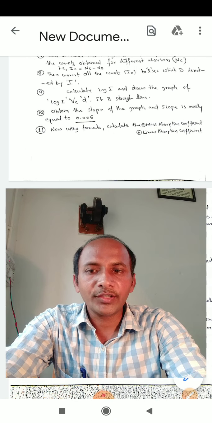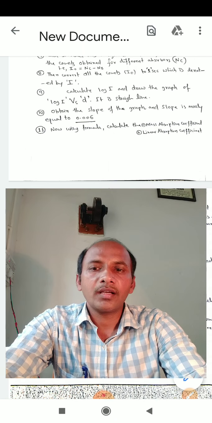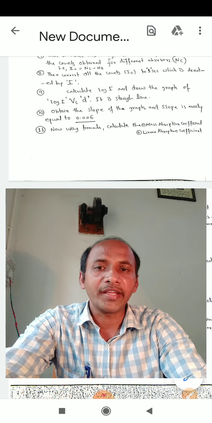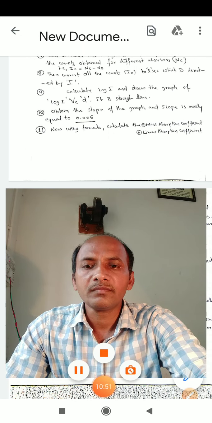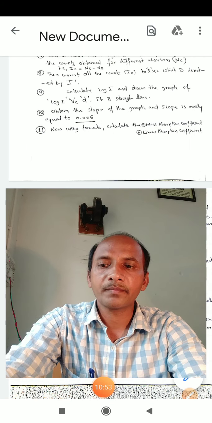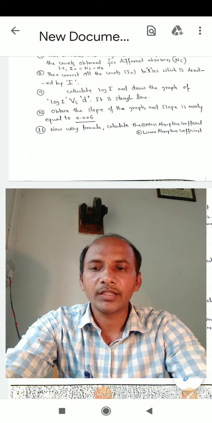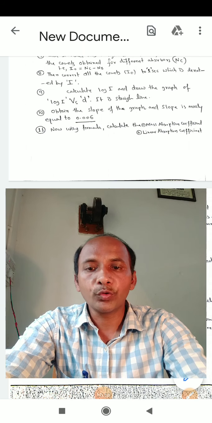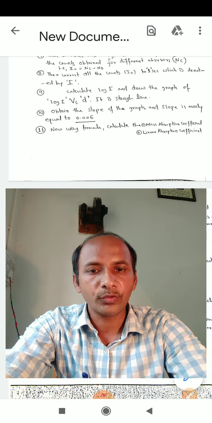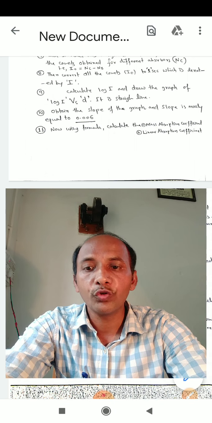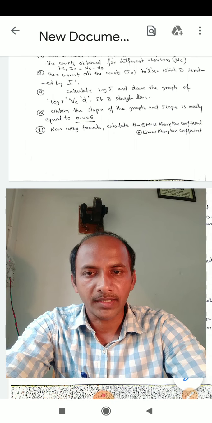Now, dear students, there are two precautions to be taken during this experiment. First, you should not increase the operating voltage above 550 volts, because above this voltage the GM tube may not work properly.